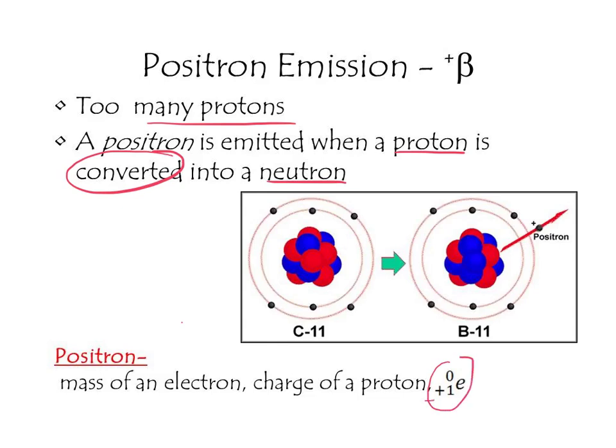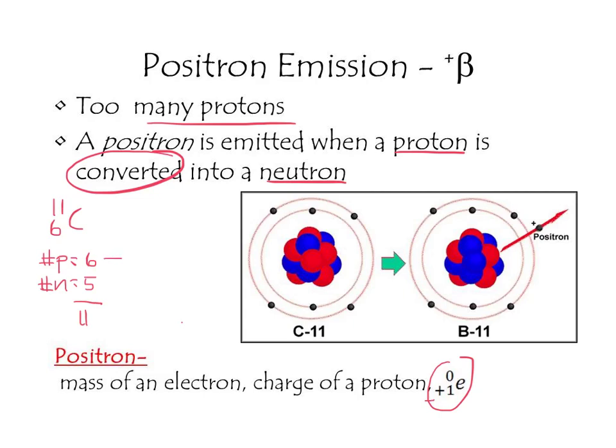In my example here, I have carbon 11, and so here is my standard nuclear notation. So we have to look at the number of protons and neutrons again. So carbon 11 has 6 protons and 5 neutrons and an atomic mass of 11.